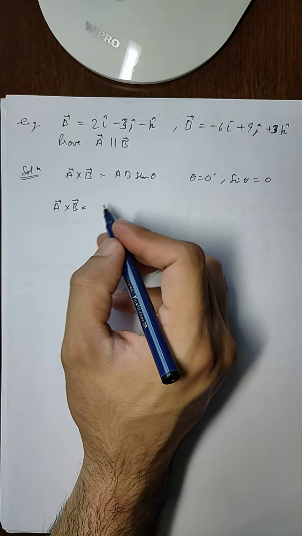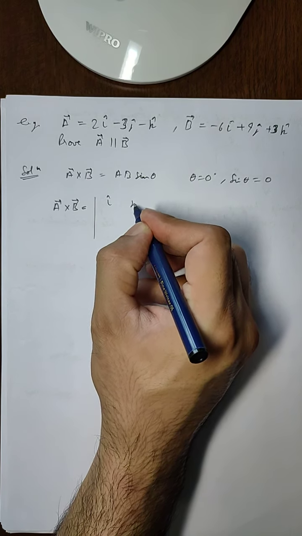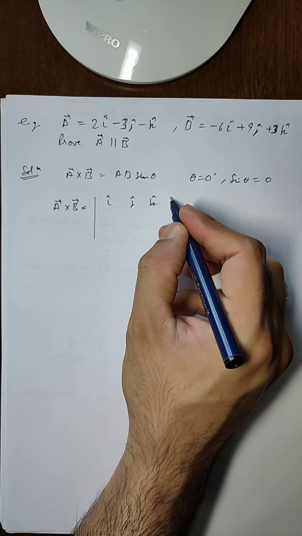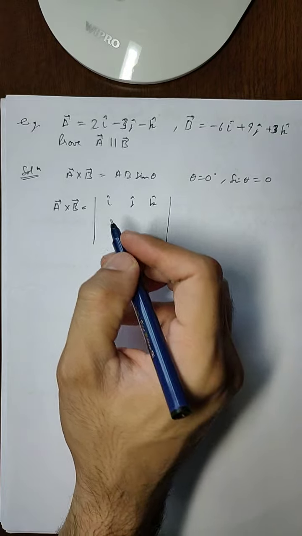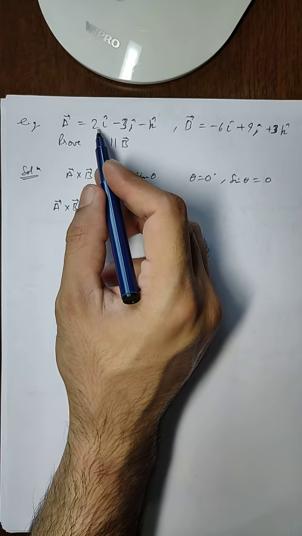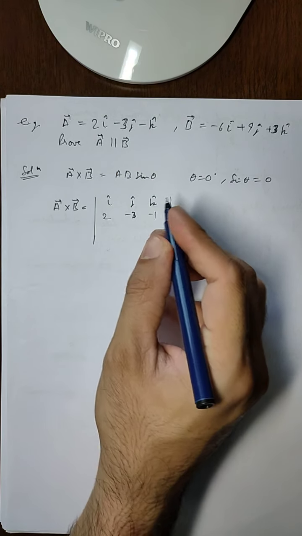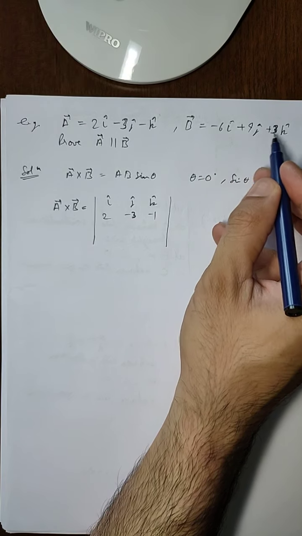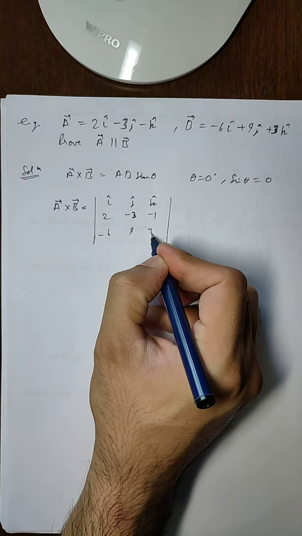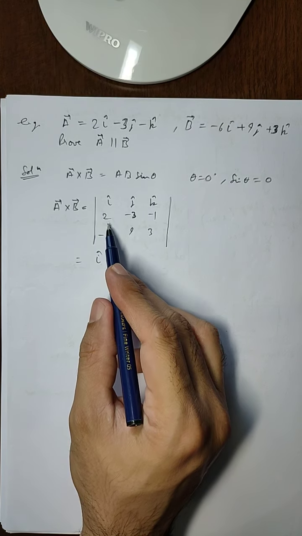I'm solving it here, but you should pause the video and do it yourself, because getting habitual of this method is very important. It is a bit longer to do. So A cross B: 2, minus 3, minus 1. For B: minus 6, 9, 3. We'll solve it.